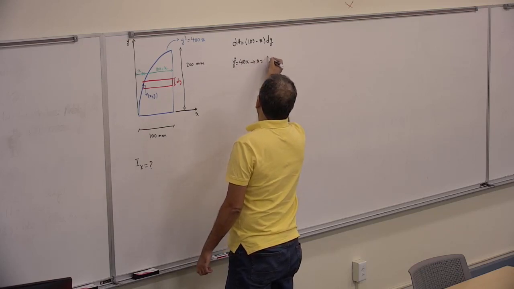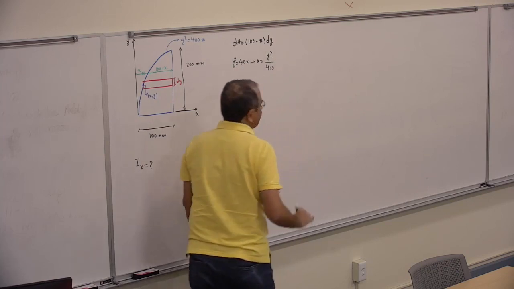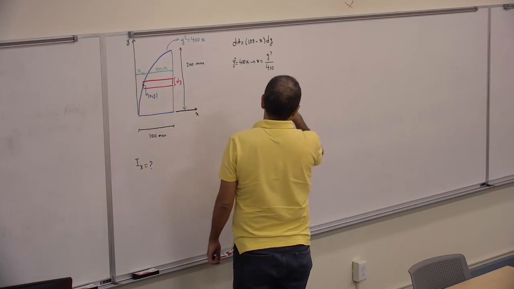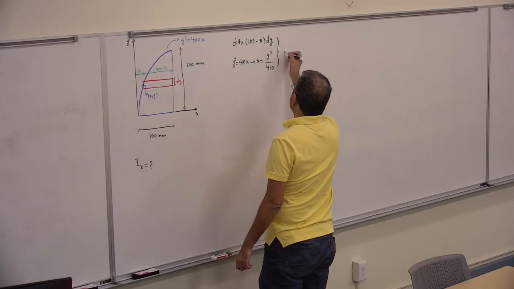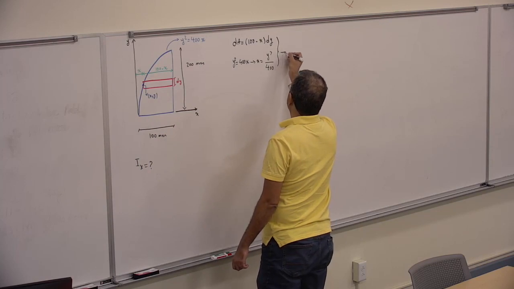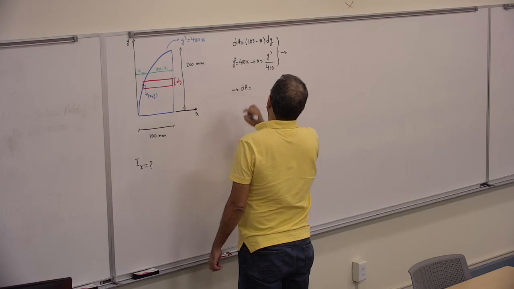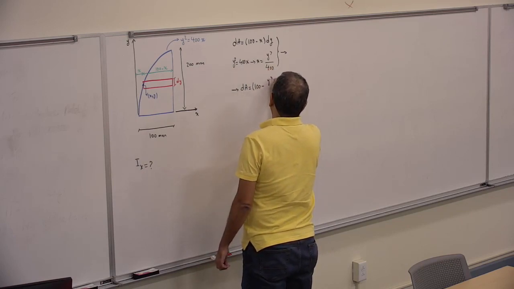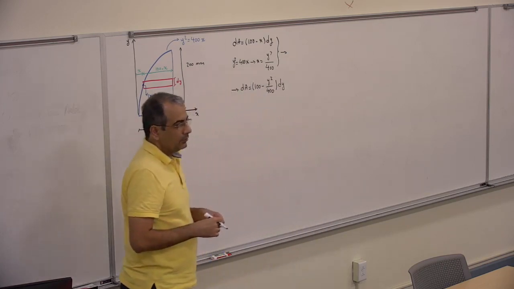Therefore, x is y squared divided by 400. So dA would be 100 minus y squared divided by 400 dy. Now everything is a function of y.